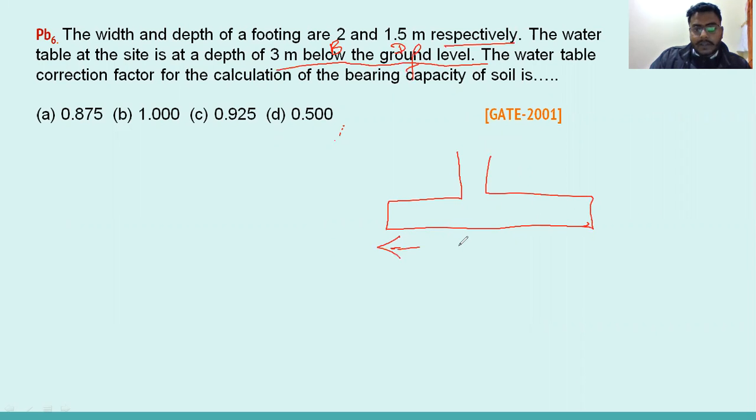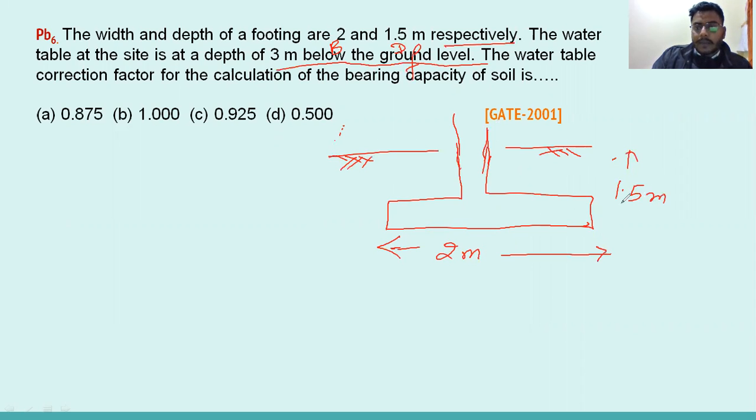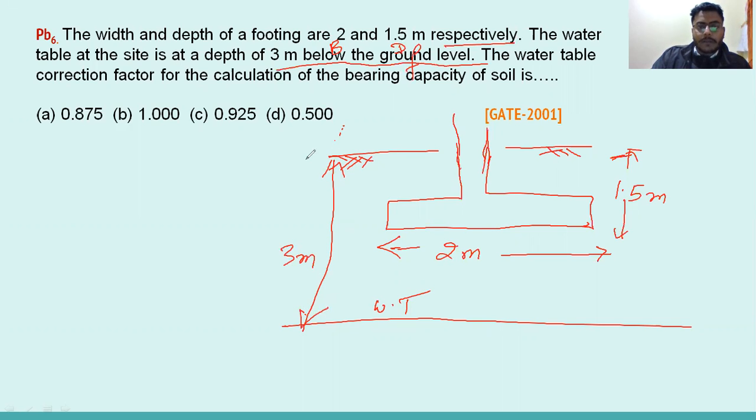This is 2 meter, and the depth of foundation is 1.5 meter, and the water table is 3 meter below the ground level, and the dimension of depth is 3 meter from the ground level.